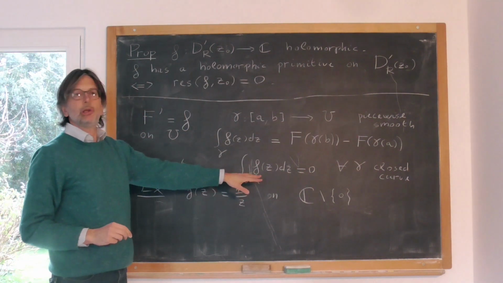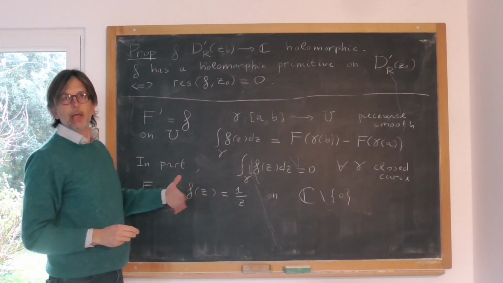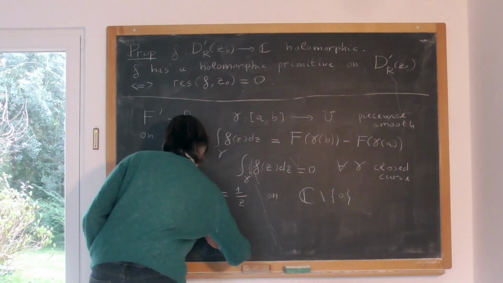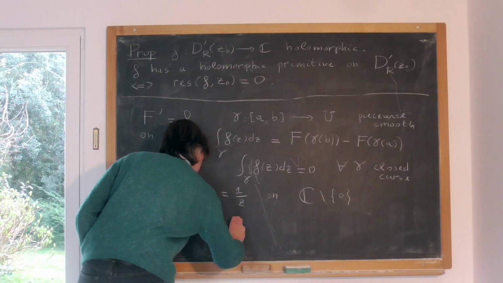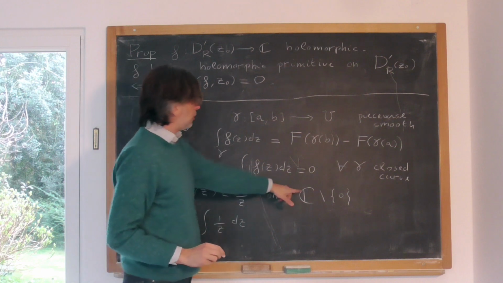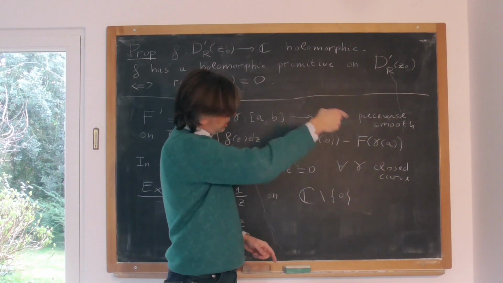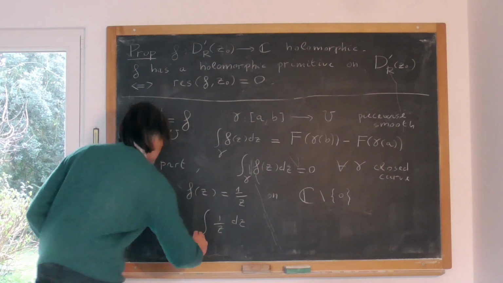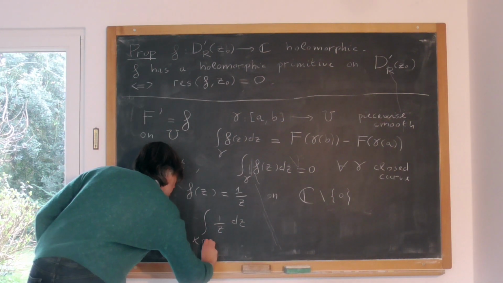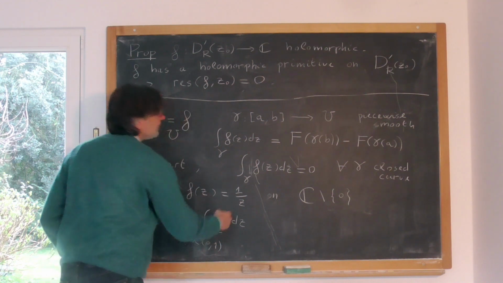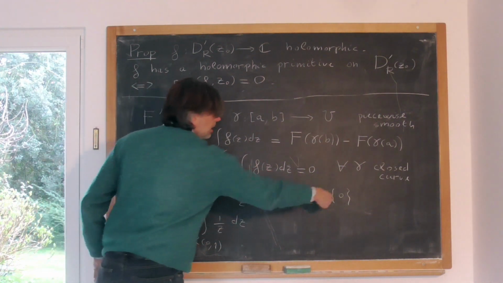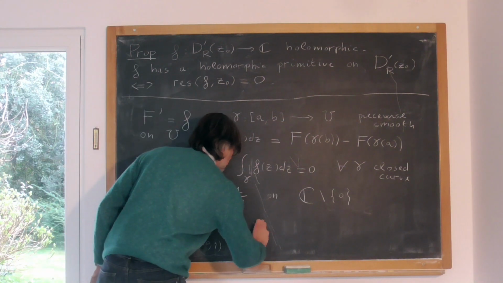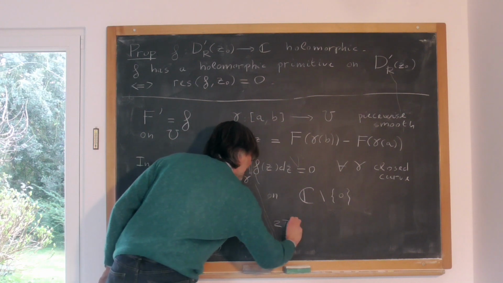But on C minus the origin, this holomorphic function has no globally defined primitive, and the reason is that if we integrate 1 over z on a closed curve which goes once around the origin, for instance, we can take k01, the circle of center 0, radius 1, going once counterclockwise around the origin, then as you know, we obtain 2 pi.